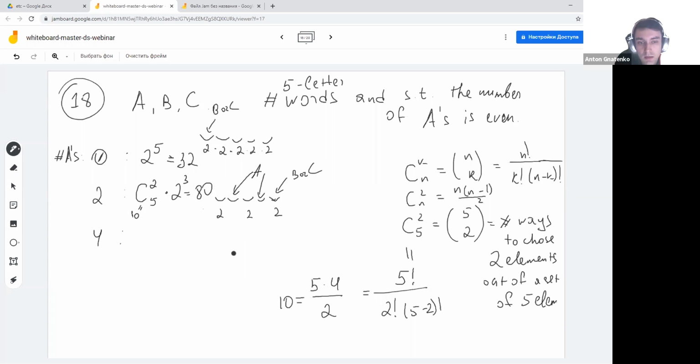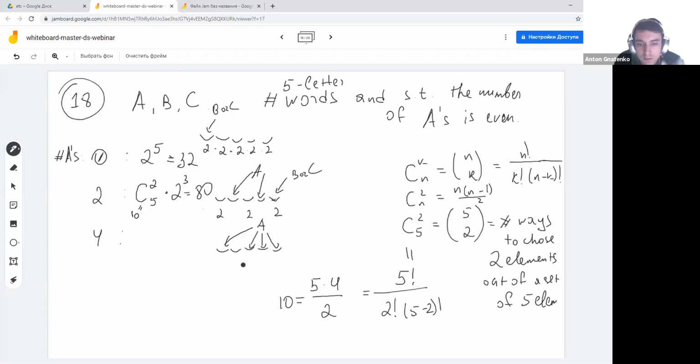And the last case, when there are 4 A's in our word. Let me just choose the position. Okay, we can go the same way, the same strategy. We choose some 4 positions in the word. But choosing some 4 positions is the same as choosing one position which will remain free for some time.